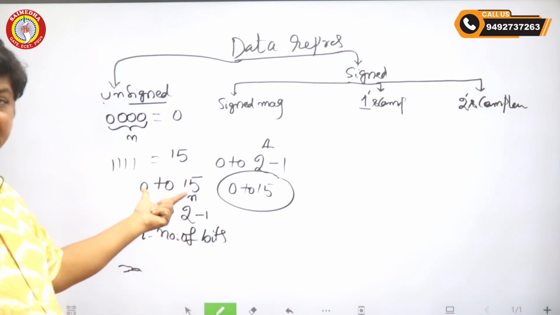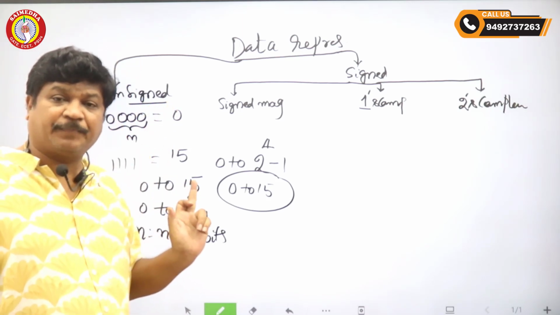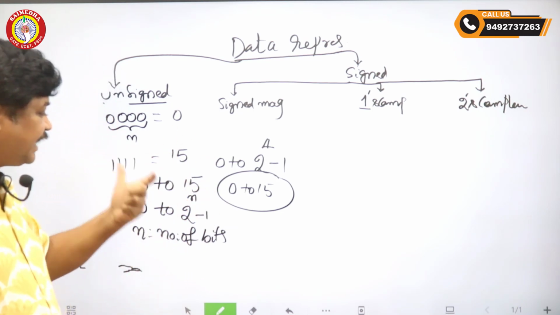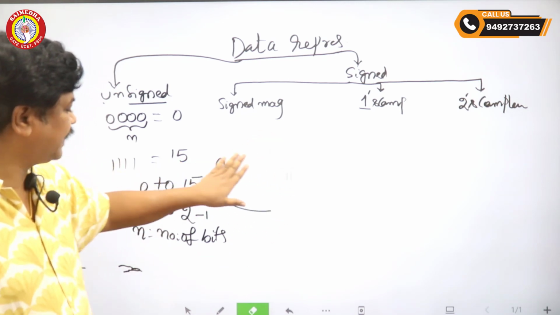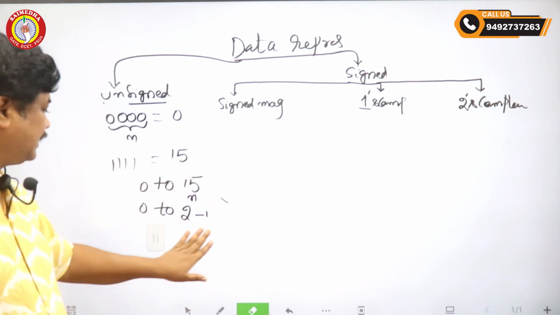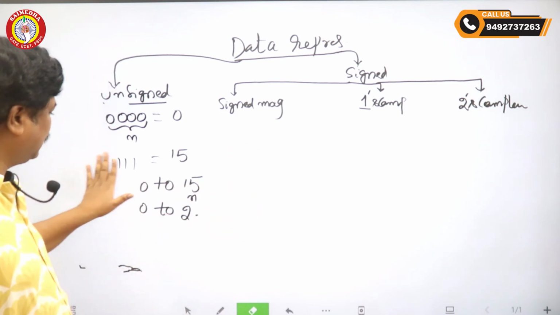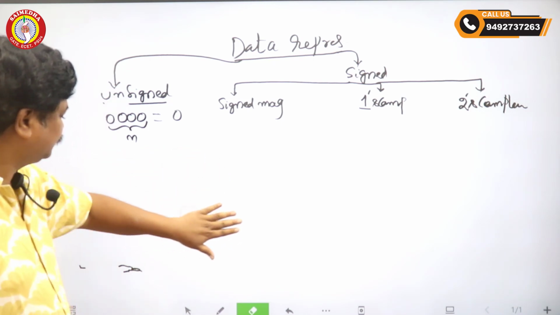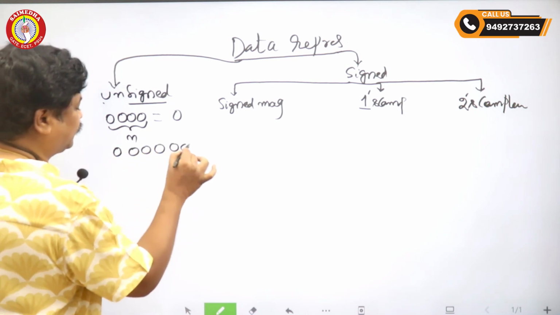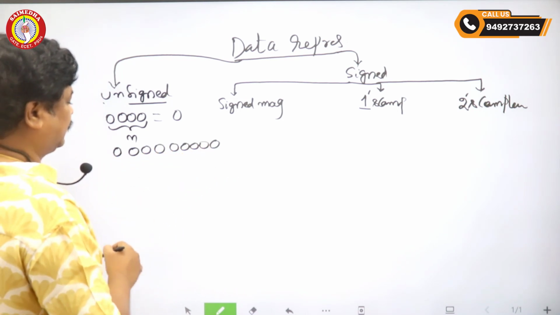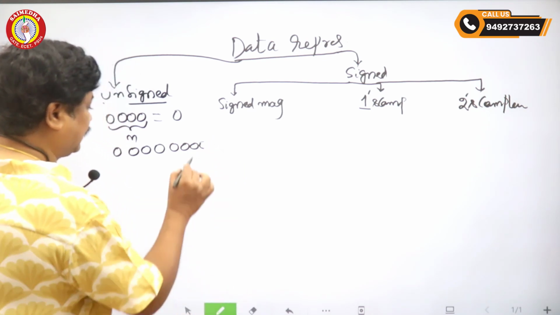Minimum is 0, maximum is 15. For example, if I use 8 bits, what is the range available? The 8 bits value is 0, 0, 0, 0, 0, 0, 0, 0 with 8 zeros.